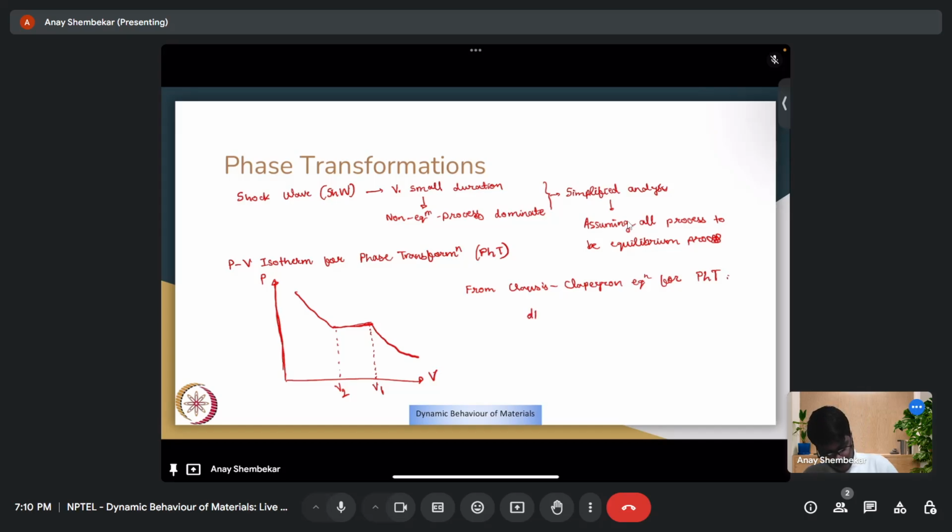So you have dP by dT equal to delta S by delta V. So this gives us how the two-phase boundary between pressure and temperature varies as a function of change in entropy and change in volume across the phase transformation process.